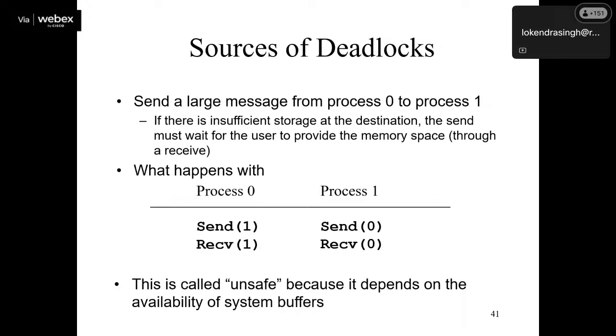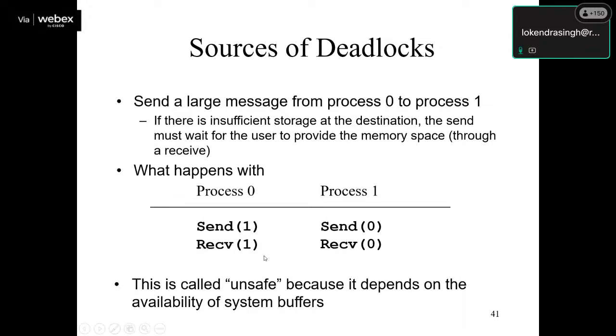There are some deadlock conditions also. Send a large message from process 0 to process 1. There is insufficient storage at the destination. The send must wait for the user to provide the memory space to eliminate the condition of deadlock. So what happens with process 0 and process 1?